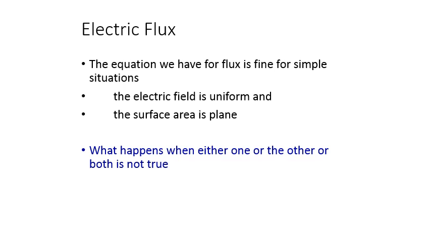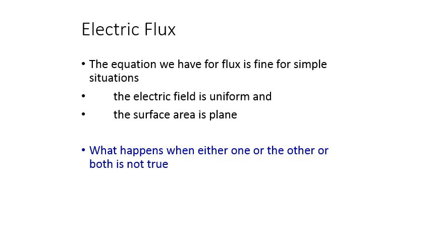The equation we have for flux is fine for simple situations, where the electric field is uniform and the surface area is flat. What happens when either one or the other or both is not true?